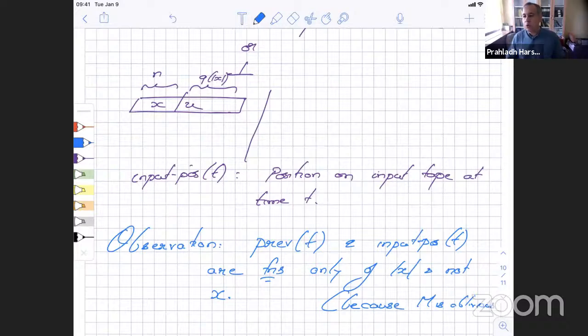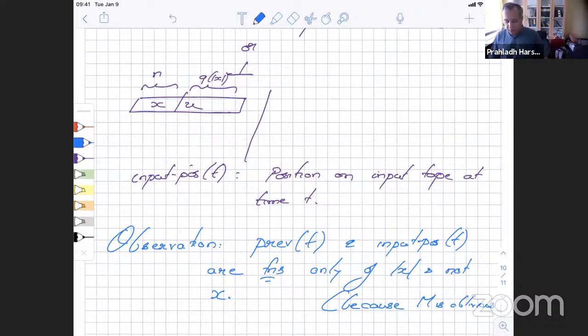For instance, one way of doing it is just ignore the input, take the all zero string with this particular input length, and run it for the entire time. You can calculate at every time step where the input position was at this particular time, what the previous things are.